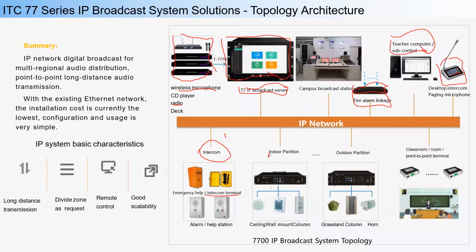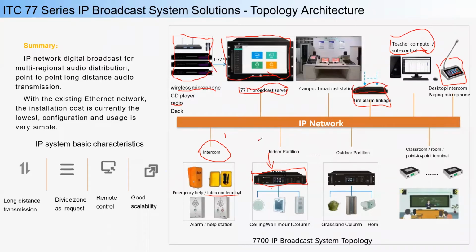And the next is the IP system terminal. We have this kind of terminal with a built-in amplifier, which is also a network adapter. We use this kind of terminal to decode the network signal into an audio signal.